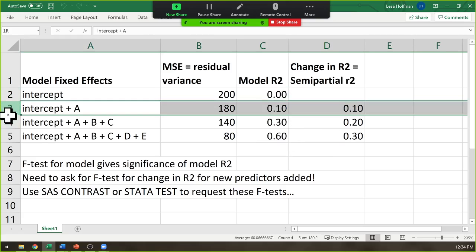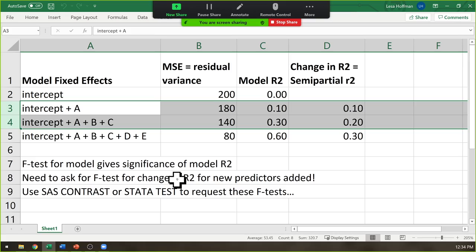Where you have to use the contrast statement, and the test statement in Stata by the way, is in this type of situation where you've added more than one slope to the model and you want to test the joint contribution of what you've added. Had you added only one slope, you wouldn't need to do this, because the significance test for that new slope would directly tell you if the change in the R square that it brought is significant.